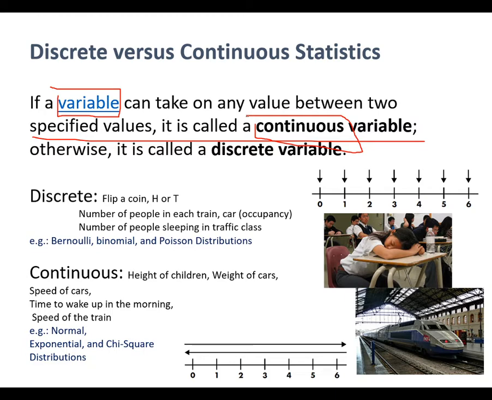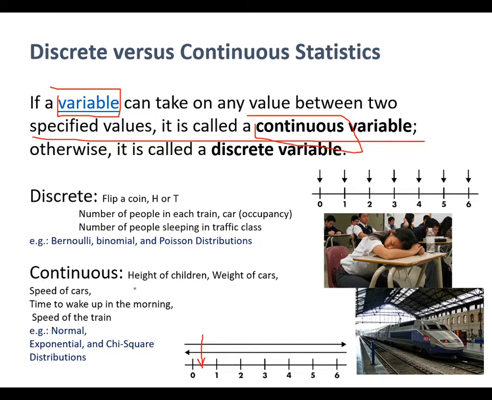This is called continuous. Like you can see here, this ruler is continuous. You can have any number between 0 and 6. Any number, we call this continuous. It's easy: it can take any number.